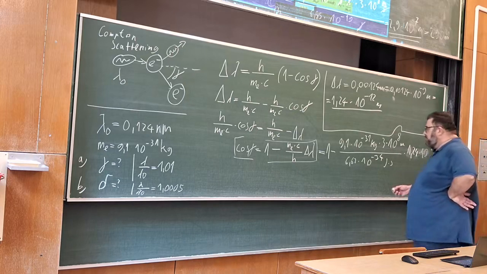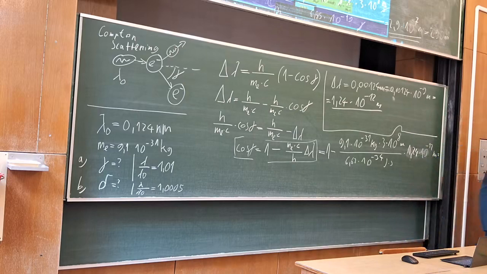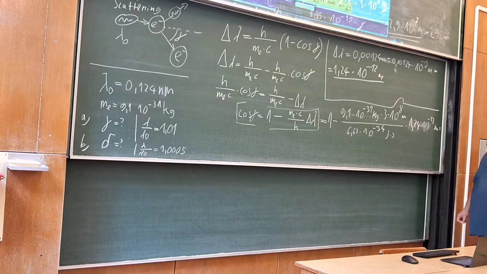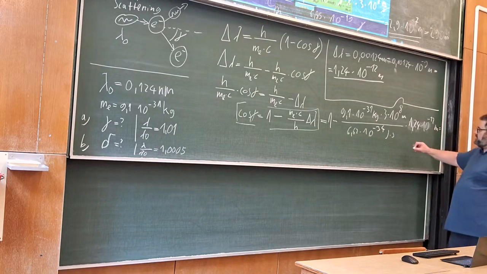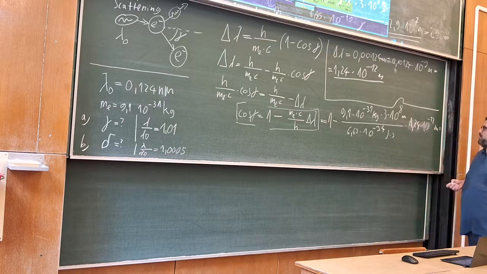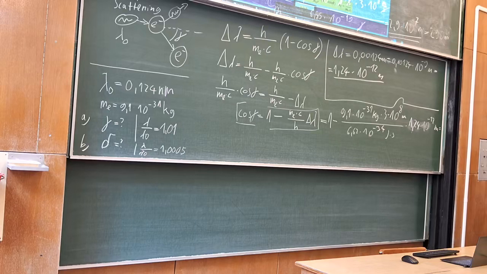Quite okay. This is joules, kilogram times meter cubed per second cubed, so it is squared. So the dimensions are fine, and the result will be dimensionless.